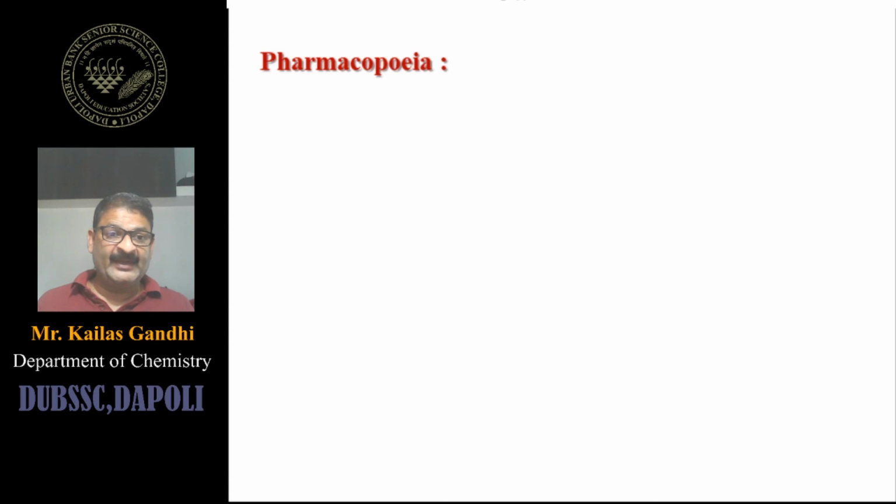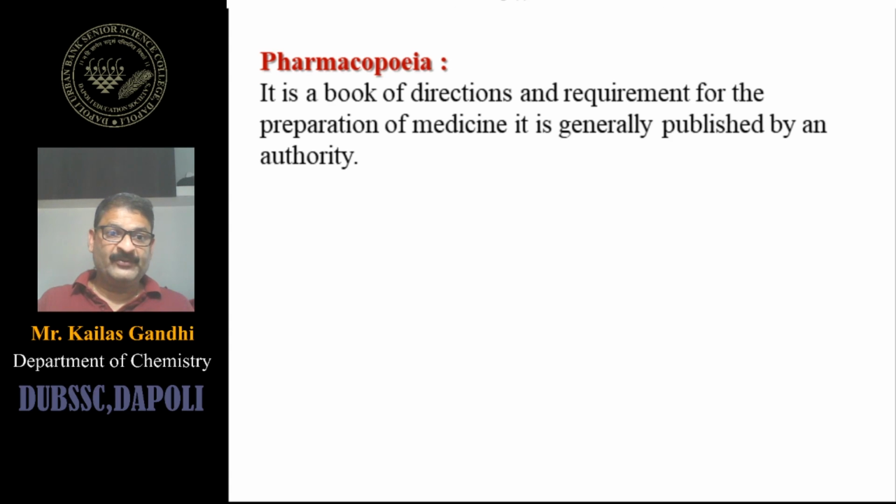So you get the idea of preparation, what are the effects, what are the side effects. It is one authentic book where such information is published. Books of this type published by various authorities are known as a Pharmacopoeia. It is a book of directions and requirements for the preparation of medicine, generally published by an authority.